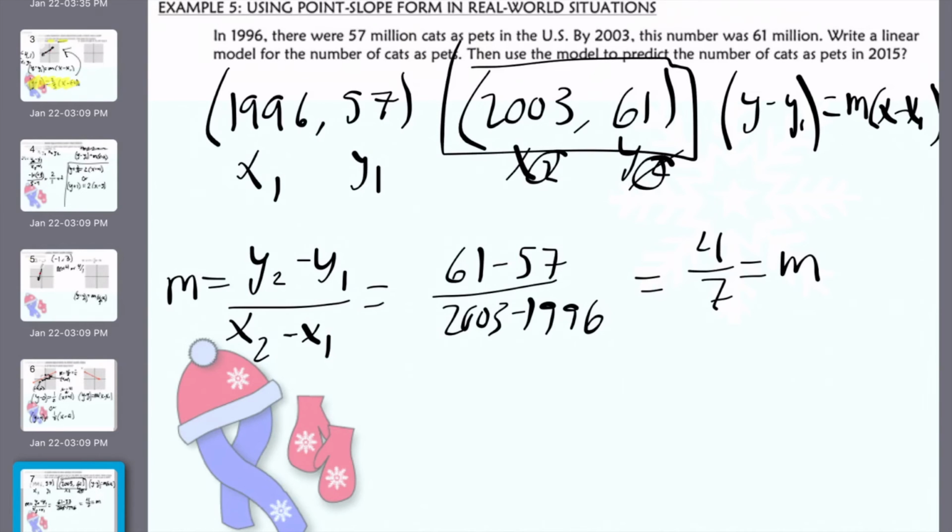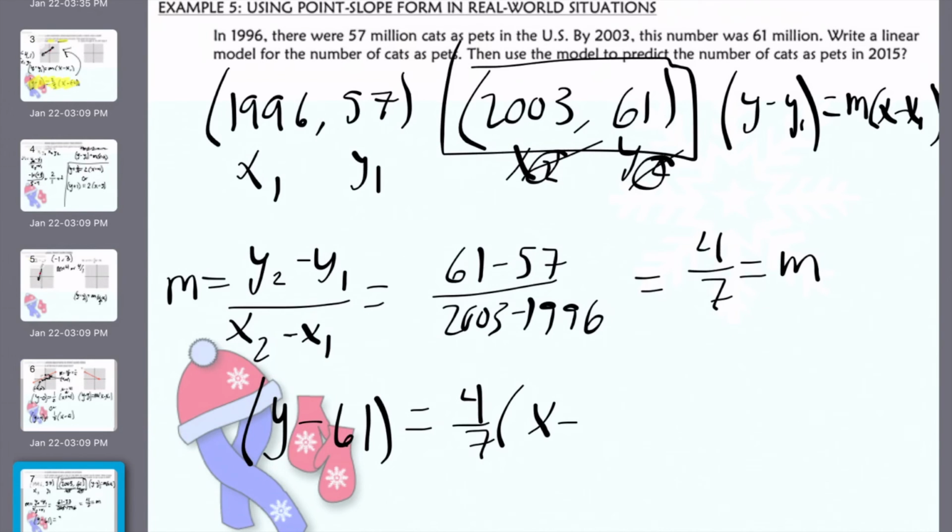I can still make it my y1 and my x1 when it's come time to write my point slope formula. So this is going to be y minus 61 equals 4/7 times x minus 2003. So that's my formula that I'm going to use. I also could have used the other year and other number of cats in order to write that equation, but in this case I just didn't.